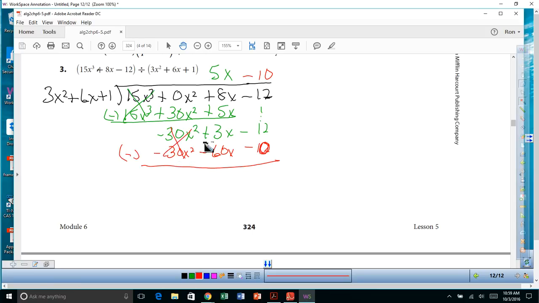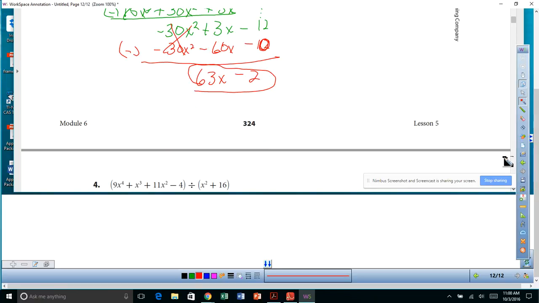So these two here cancel out. You got 3 minus negative 60. That's going to be positive 63x. And negative 12 minus negative 10 is negative 12 plus 10 or minus 2. So this is our remainder. That's our remainder.